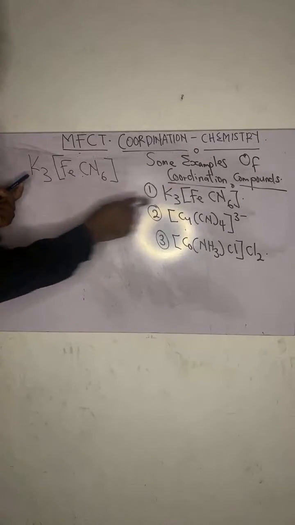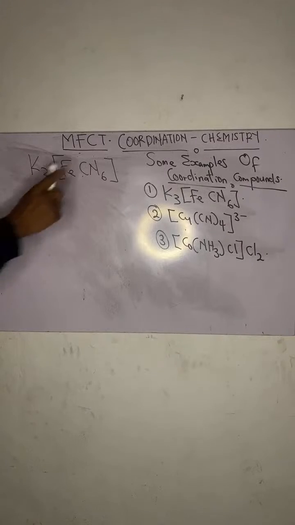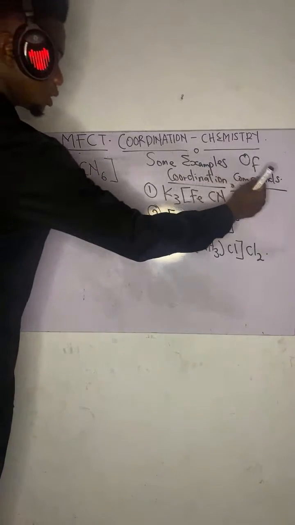So this simply means that whenever you see a square bracket in a particular compound, that compound is likely to be a coordination compound.